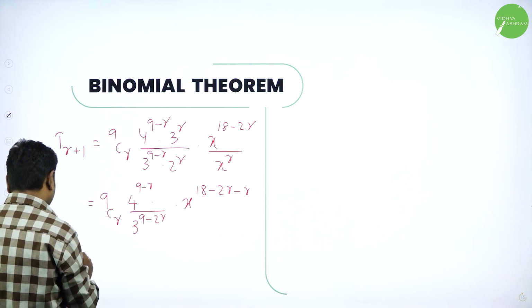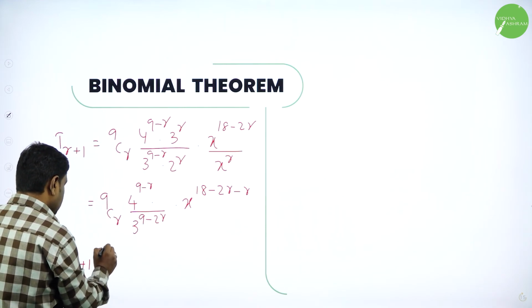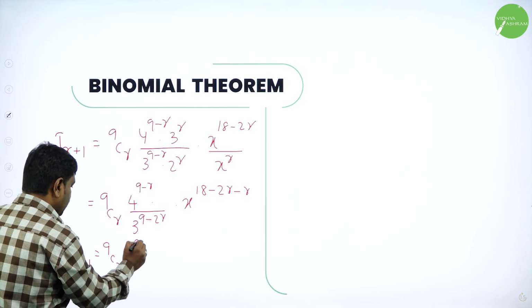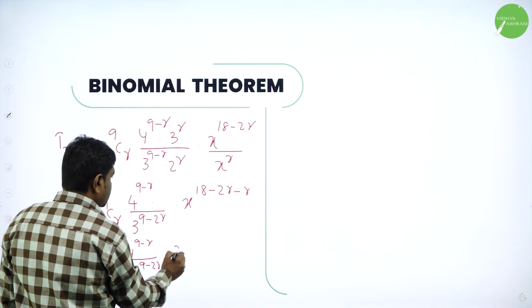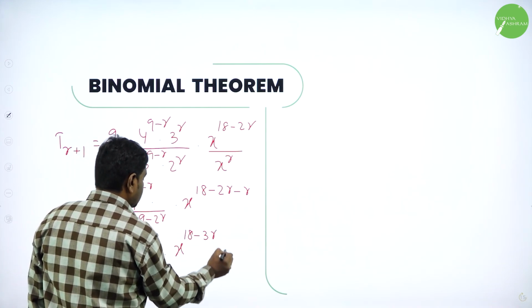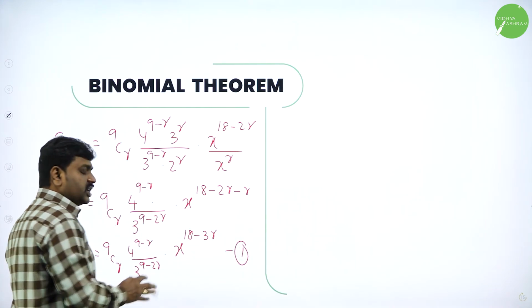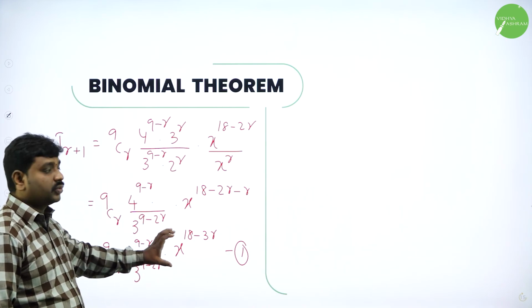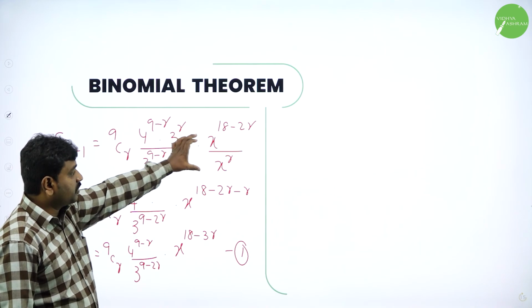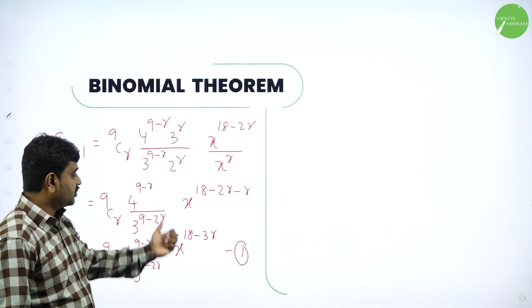So now T(r+1) is 9Cr 4^(9−r) divided by 3^(9−2r) times x^(18−3r). Call this equation 1. Finally you should compress such that x appears only once. Here we have x two times. a^m by a^n can be written as a^(m−n), so you will get this.